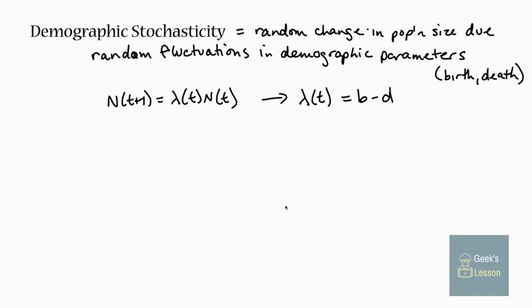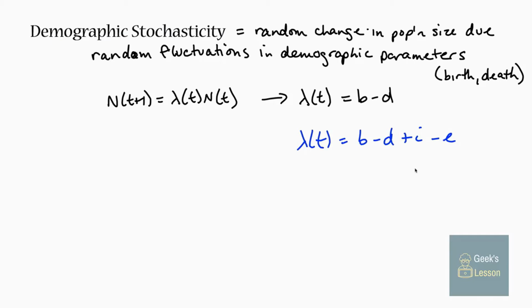So if you're actually simulating a stochastic model like this, what you would do would be every time step, draw your birth rate and or your death rate from some probability distribution, and then plug those in and crank the population forward in time. Right, and if you have a fancier model where the growth rate is birth minus death plus immigration minus emigration, you can make any or all of those stochastic as well, by the same method of drawing a value for them from a probability distribution every time step and using that to project the population forward.